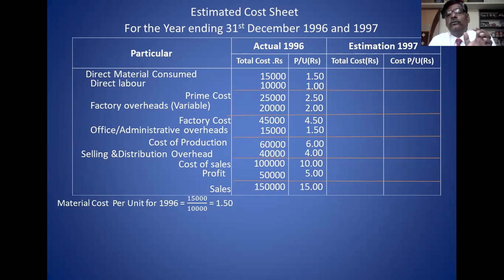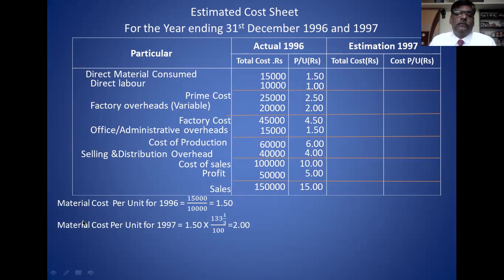Here, 1 rupee 50 paise is the existing cost and there is an increase of 33 1/3%. So I have taken 133 1/3 for every 100 rupees. For every 100 rupees of existing material price, 133 1/3 is the changed one. Therefore, for 1 rupee 50 paise, it is 2 rupees.